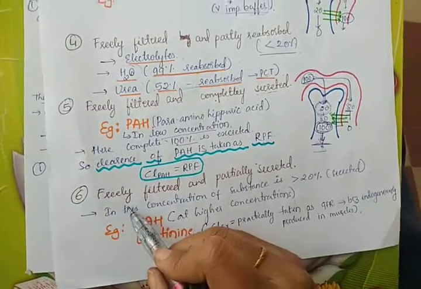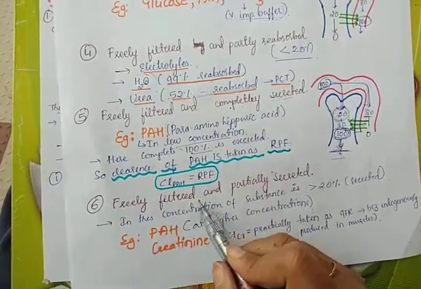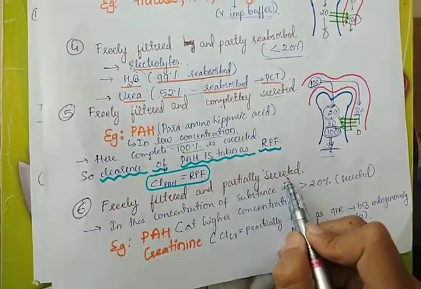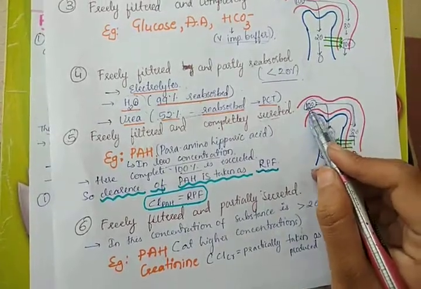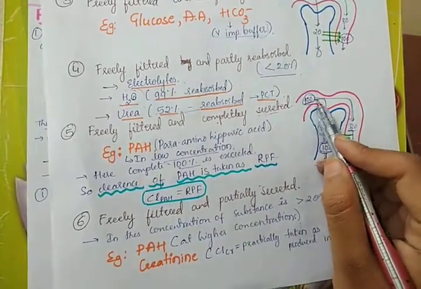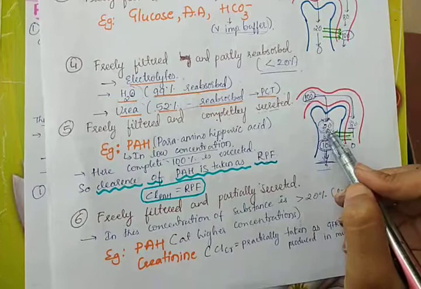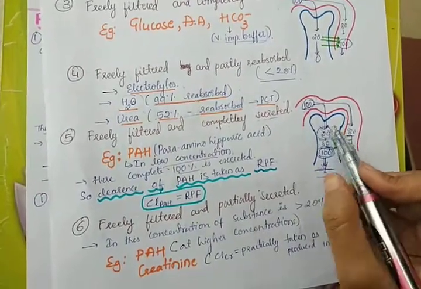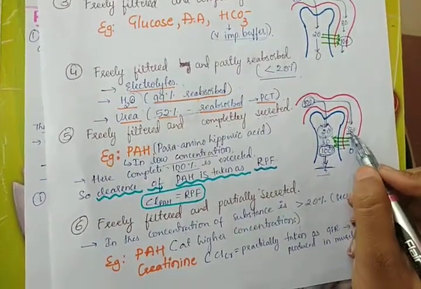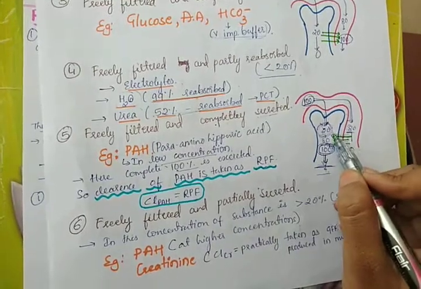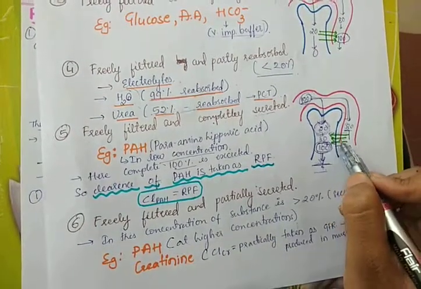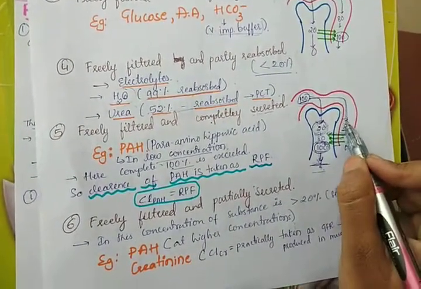The sixth substances are freely filtered and partly secreted. Now 100% of it is present in plasma, 20% is filtered into the nephron, and 80% is present in the capillary. Now they are secreted back to the nephron, but not completely this 80%.